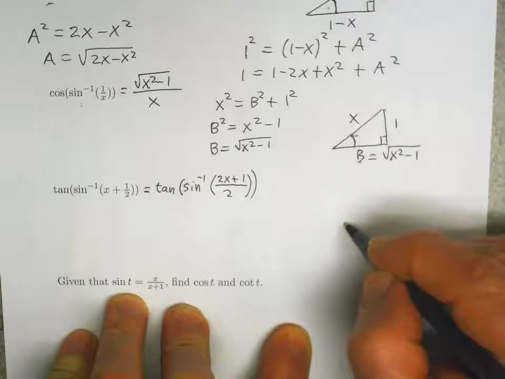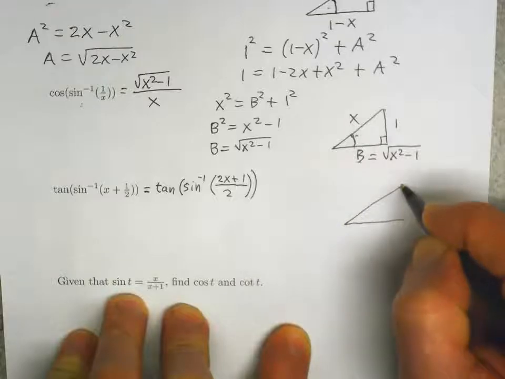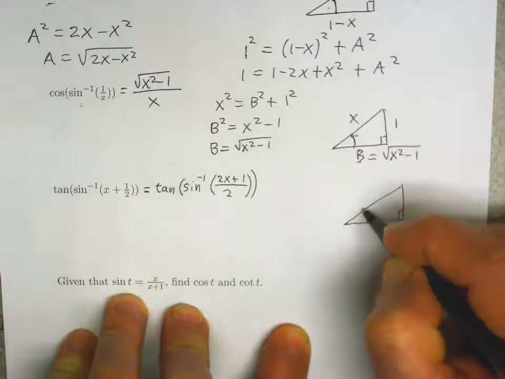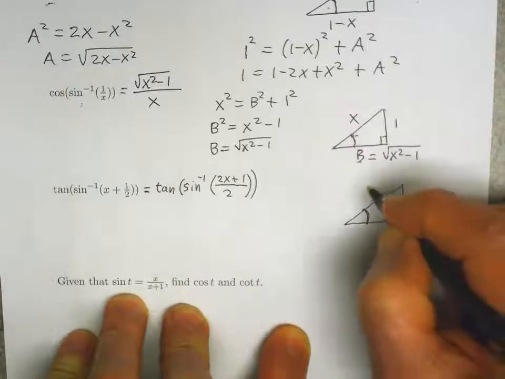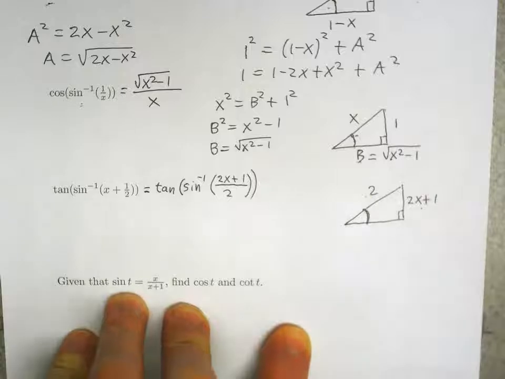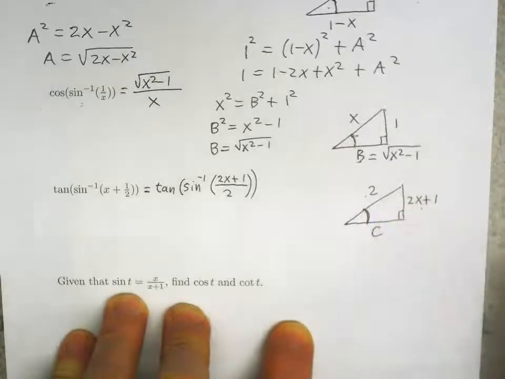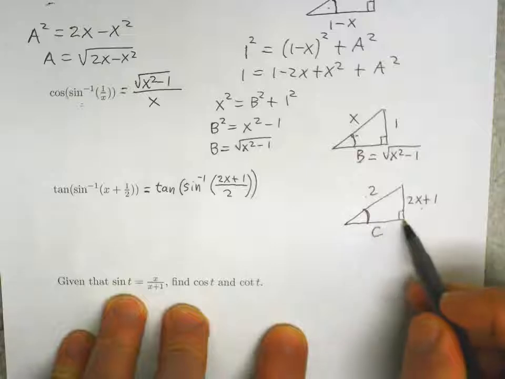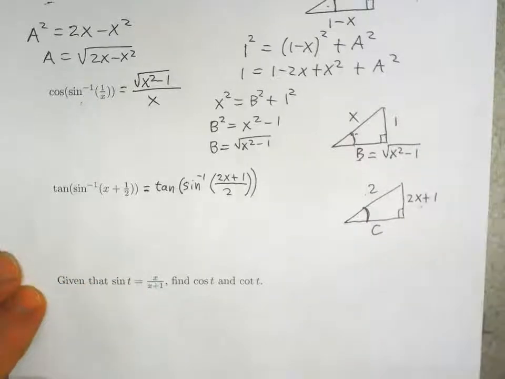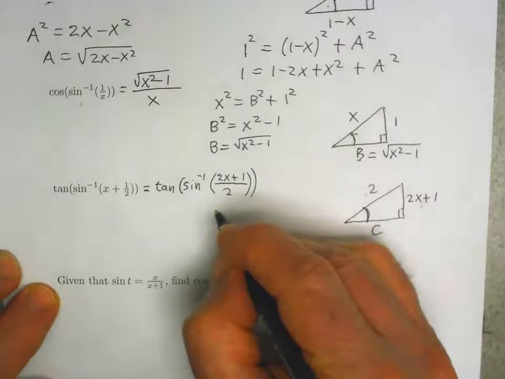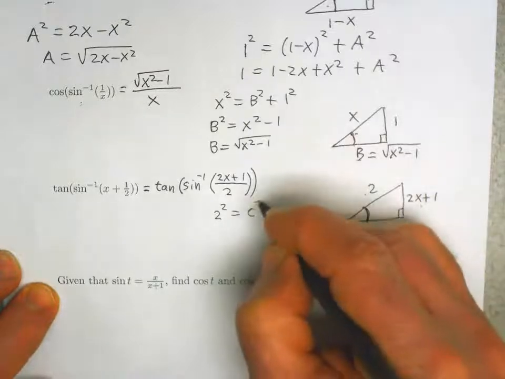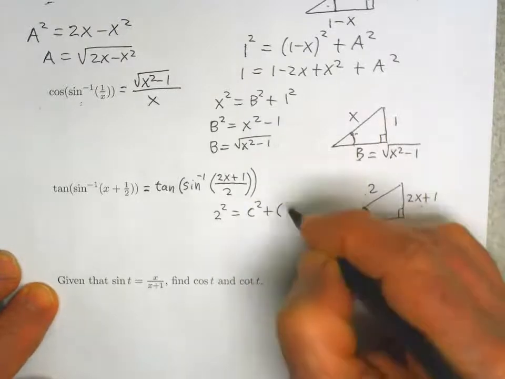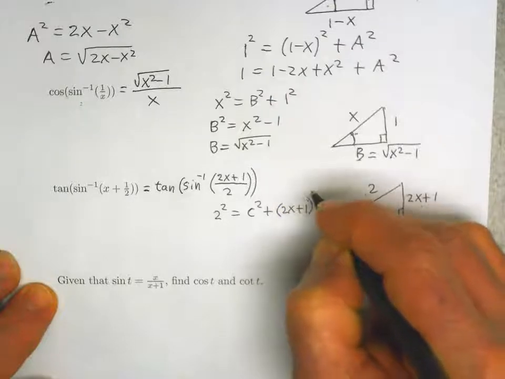So if we construct the right triangle, the angle whose sine is 2x plus 1 over 2, opposite over hypotenuse. So now we need to find the length of the adjacent side in terms of x. So again, we use the Pythagorean theorem. So we square the length of the hypotenuse, 2 squared, and that's equal to c squared plus the binomial 2x plus 1 squared.